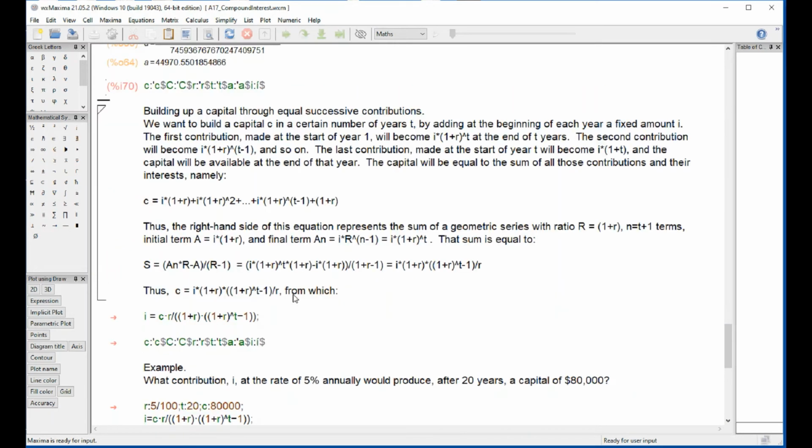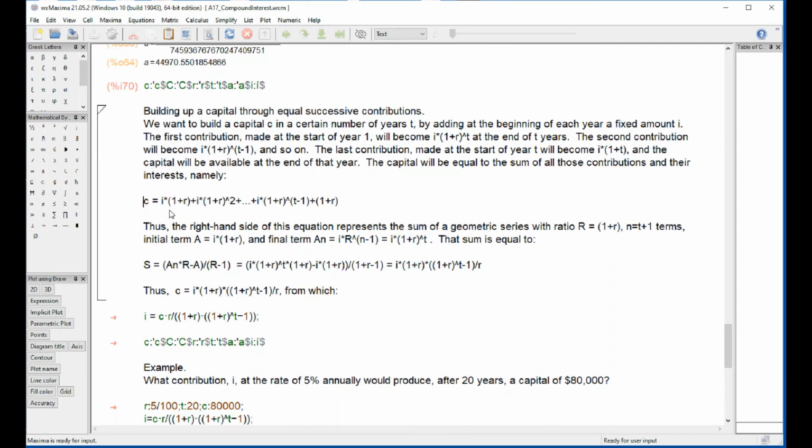Similarly, if you're building a capital, in this case the formula is slightly different, because you put in your first contribution. In 1 year you have the contribution times (1 plus R), and second year this, and so these all add together to the capital that you want to build.